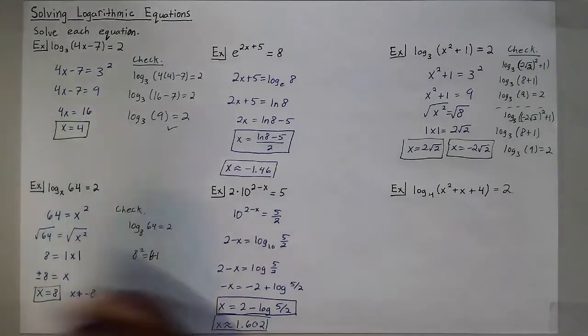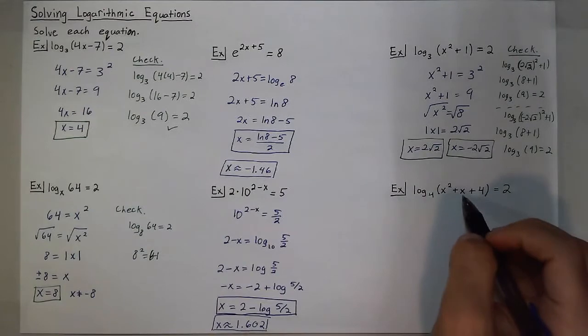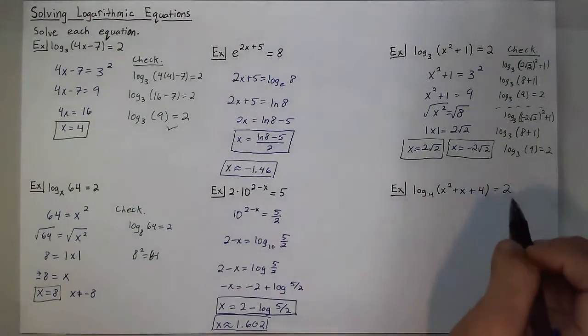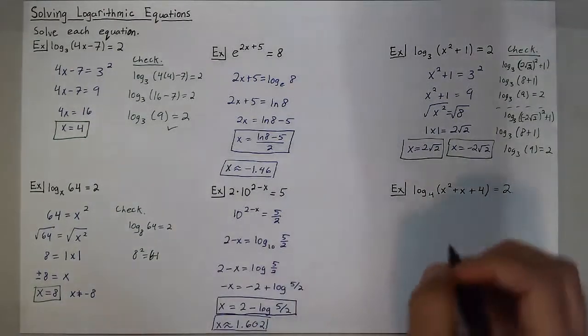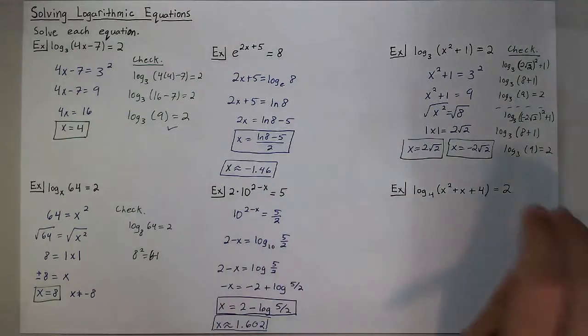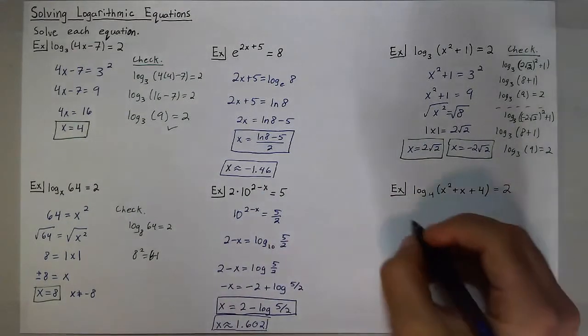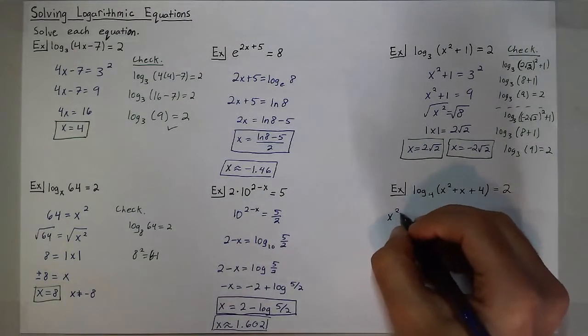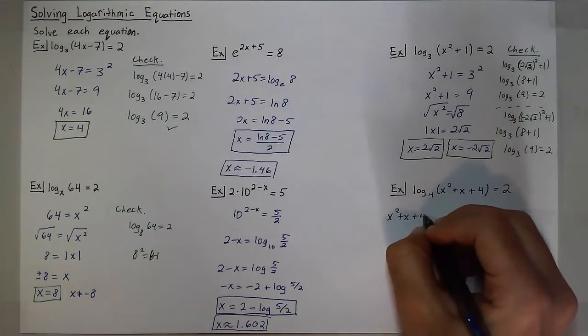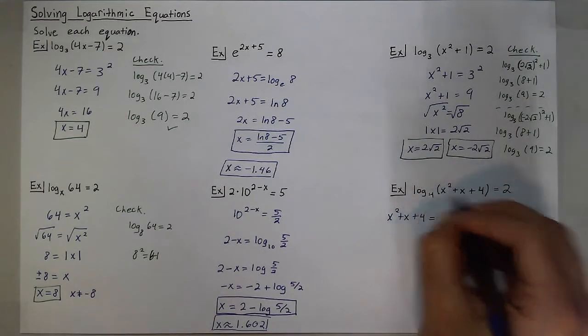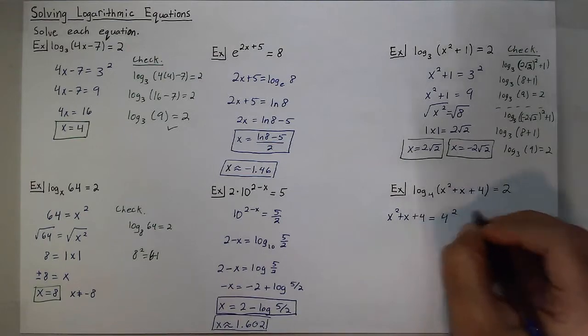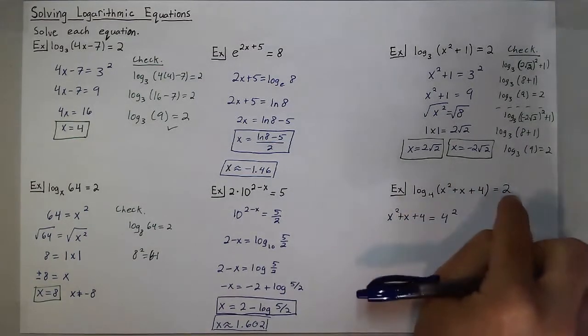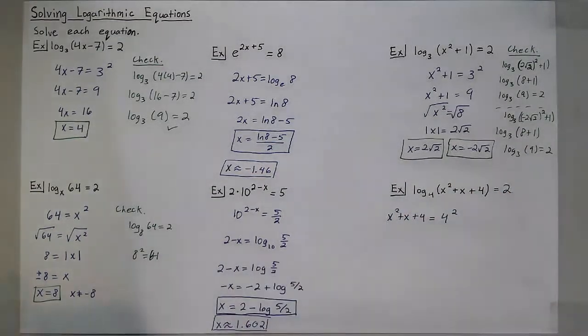Next up, I have log base 4 of x squared plus x plus 4 is equal to 2. So rewriting this in exponential form, I have the inside of my log, x squared plus x plus 4, is equal to 4 to the second power. Since the log is equal to the exponent, the 2 should become the exponent.